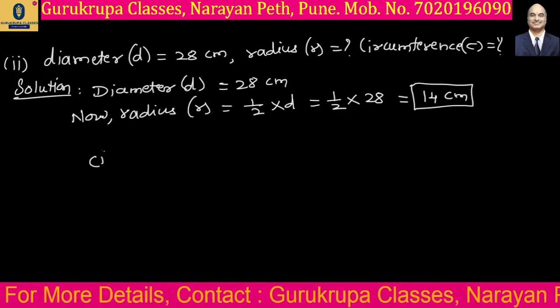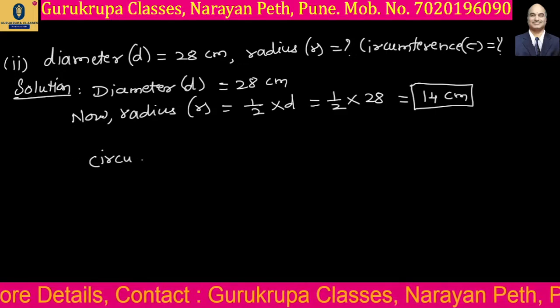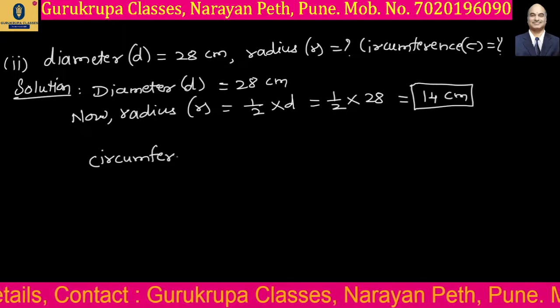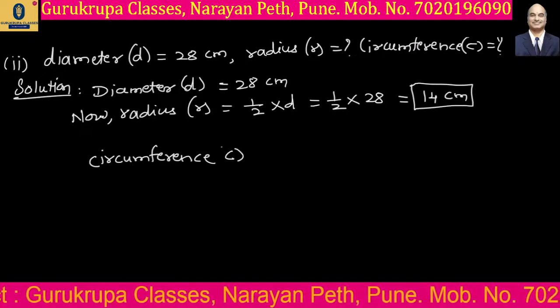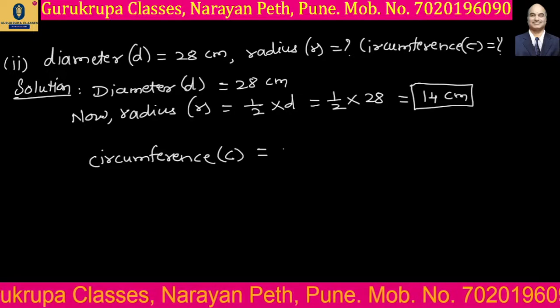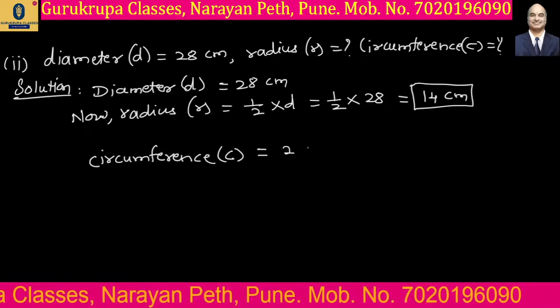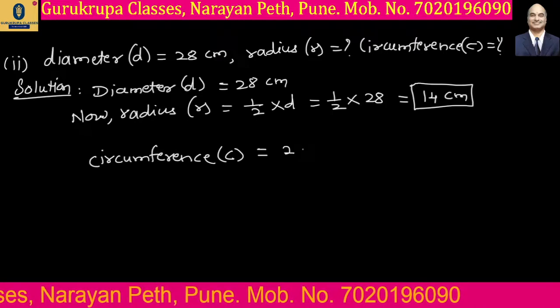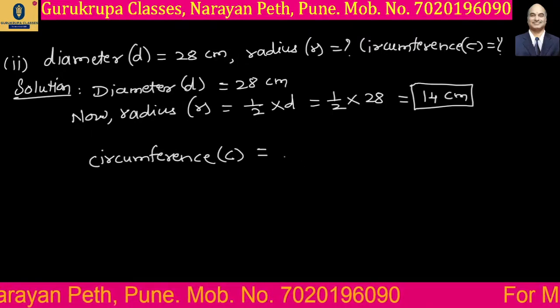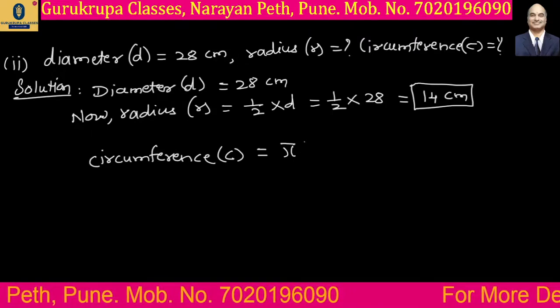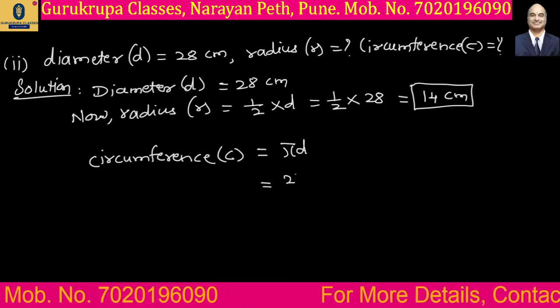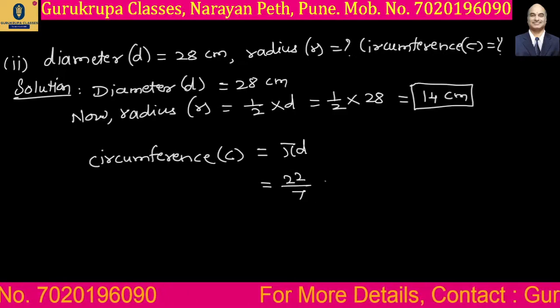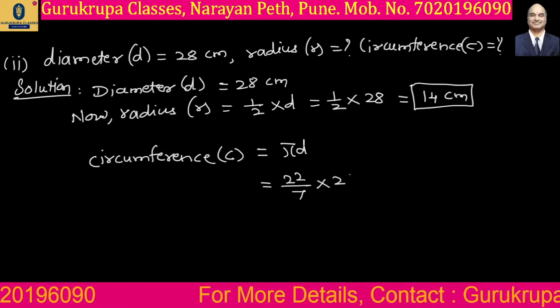Now circumference, formula for the circumference. Circumference is equal to, as we have given the diameter, so pi d, not 2 pi r, pi d formula would be easier for you. Value of pi 22 upon 7, value of d is 28.